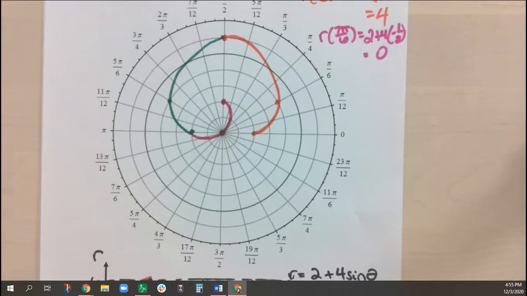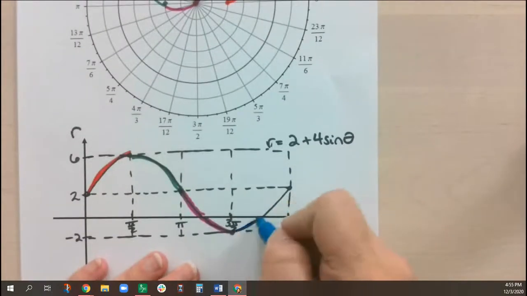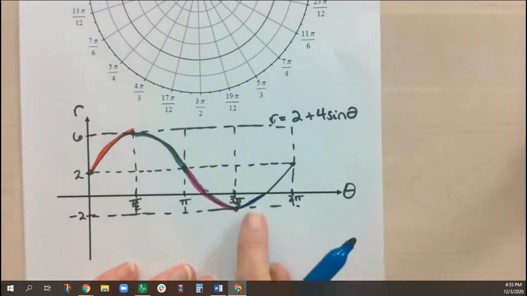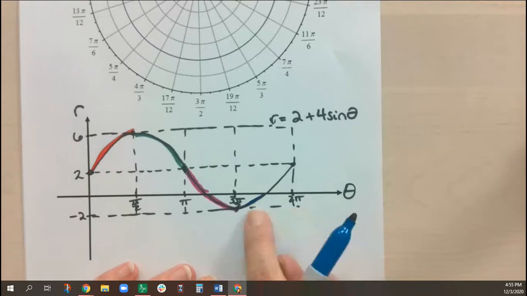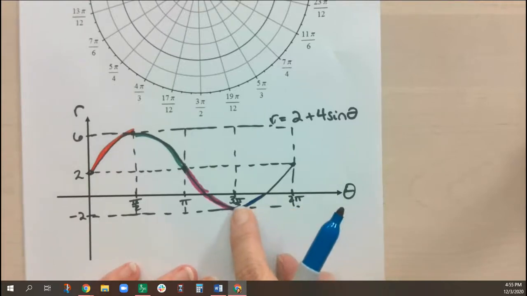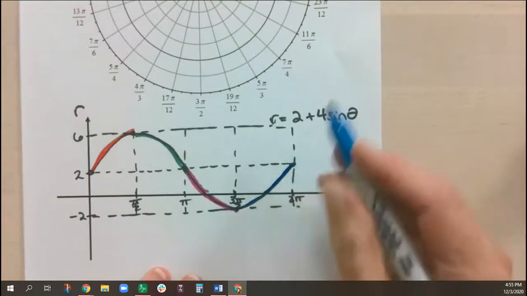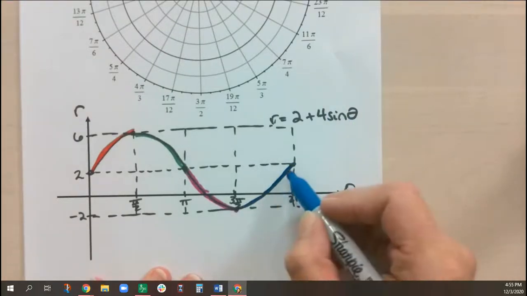Final quadrant, we're going to pick up where we left off. Notice these radii again are negative. My angles are in quadrant 4. If I have theta in quadrant 4, but my radius is negative, all of this is going to end up graphing in quadrant 2 because that's an opposite quadrant from quadrant 4. And then this part's going to finish out positive radii in quadrant 4.